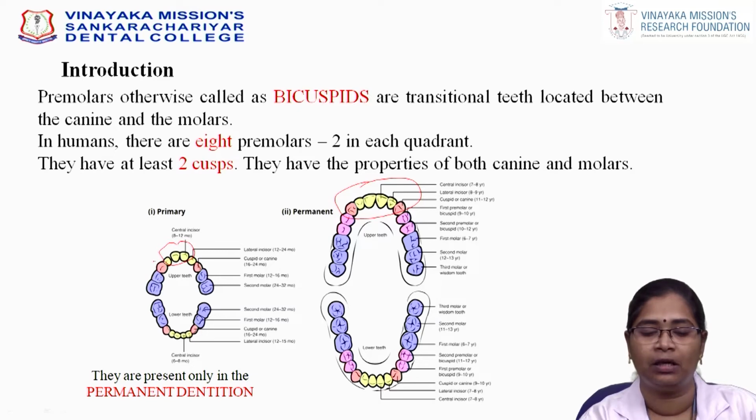Those marked orange are the canines, also present in both primary and permanent dentition, whereas the molars are marked violet and are present in both as well. Whereas the premolars, the pink color marked teeth, are present only in the permanent dentition and are not present in the primary dentition. That is one speciality of the maxillary and mandibular premolars.